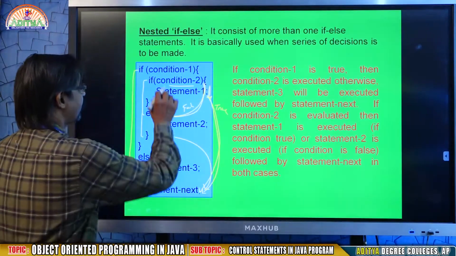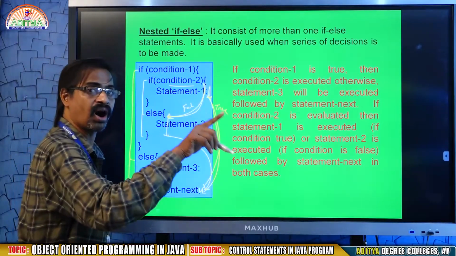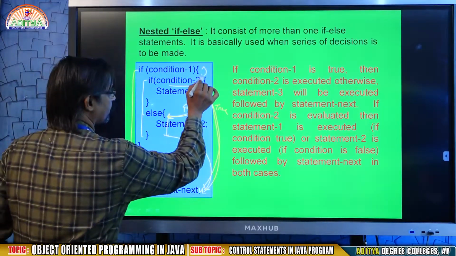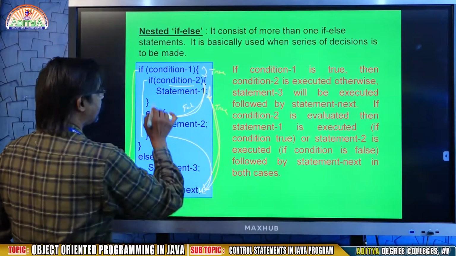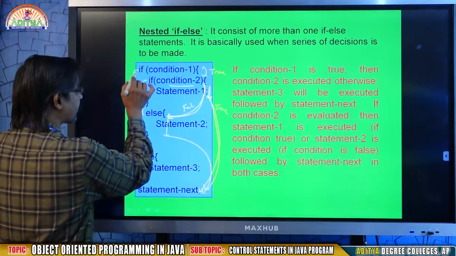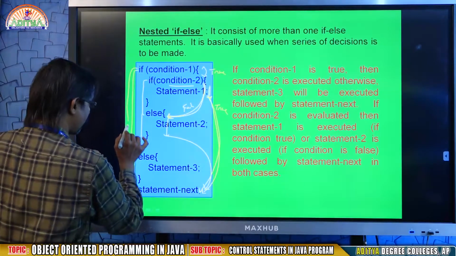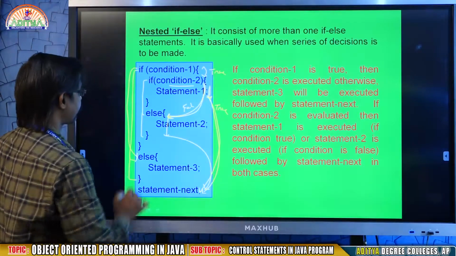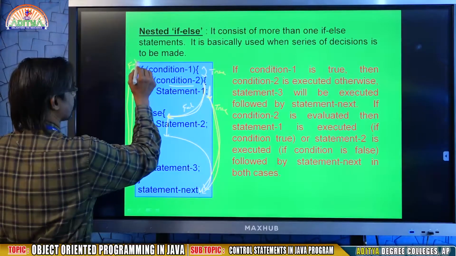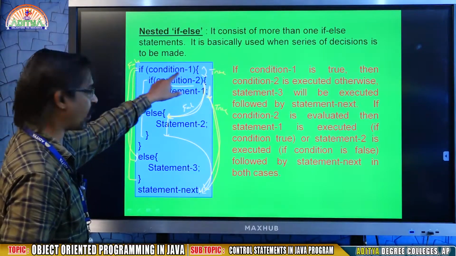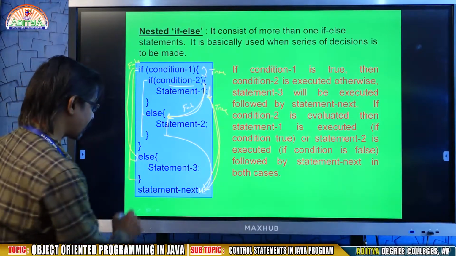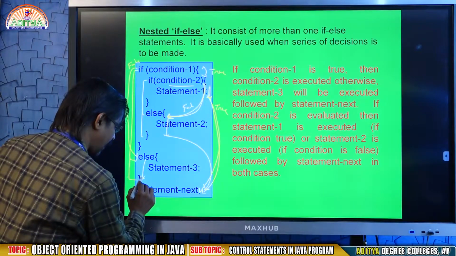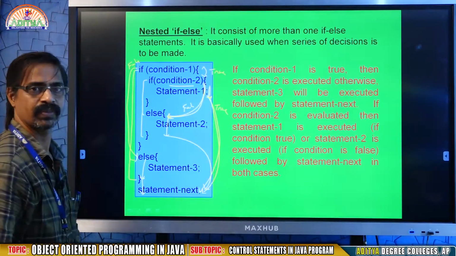If condition 1 is false, then immediately it will jump to the else, where it will execute statement 3 and carry on the execution.